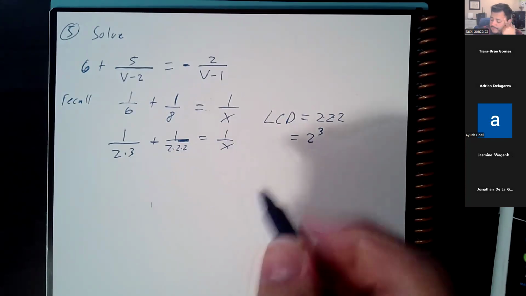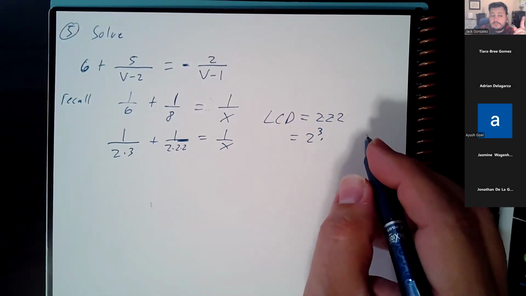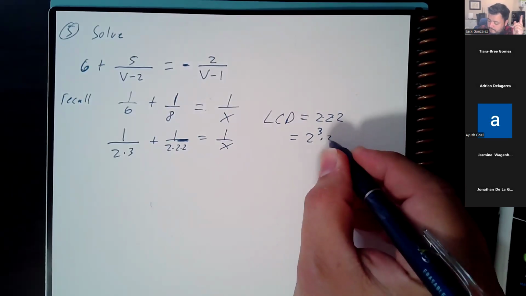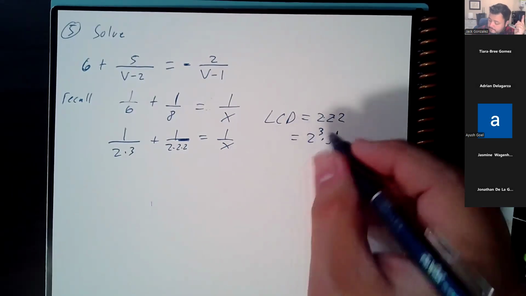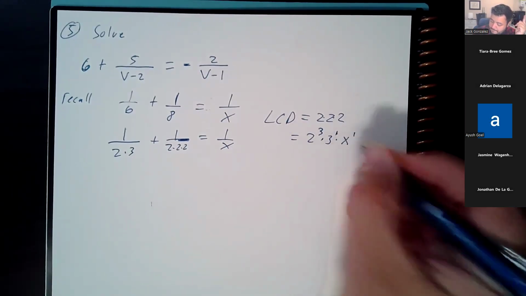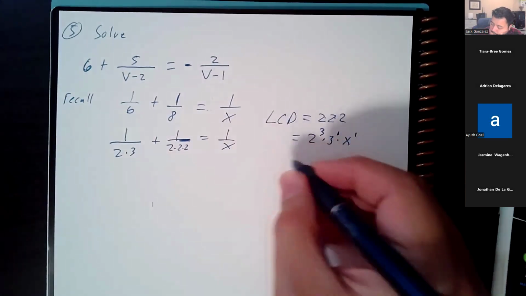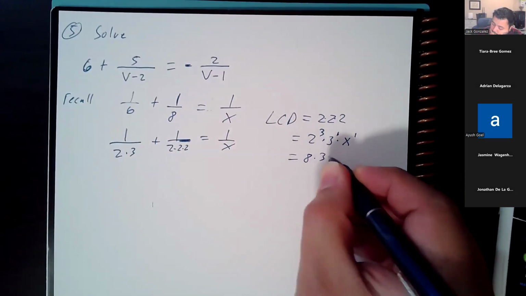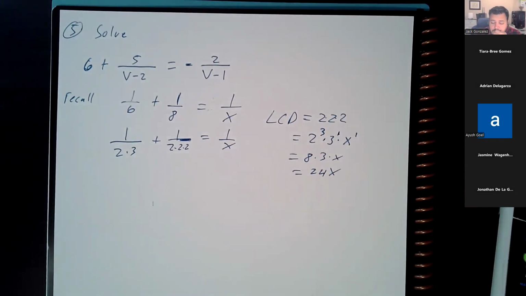So the most that appeared in any given location, remember, it's not the total, the most in one spot, is one. And we have a single x over here, one. So the LCD will be 24x.